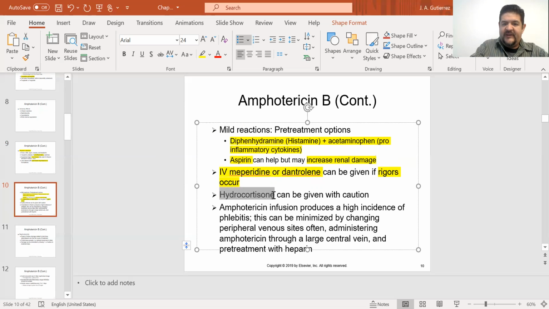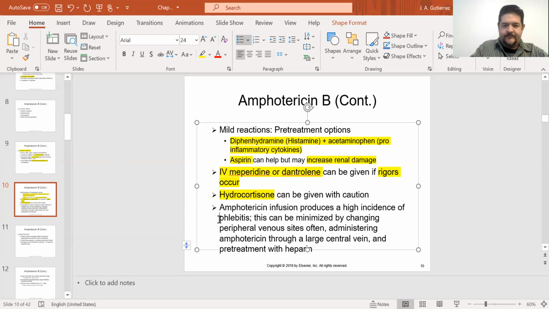Some hospitals have hydrocortisone as part of the protocol if the patient has an infusion reaction, and we mentioned hydrocortisone is amazing because it can stop inflammation faster and better than the NSAIDs.